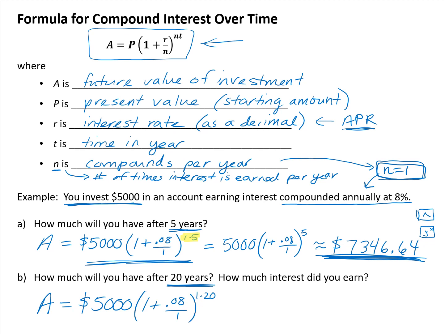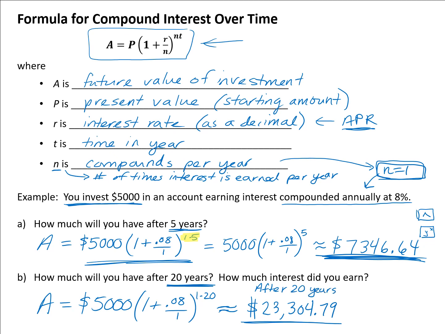And as we know, 1 times 20 is just 20. So I can just throw that into the calculator as 20 in the exponent. And when I calculate this, again, use your parentheses, I would get $23,304.79. So that's how much we have after 20 years.